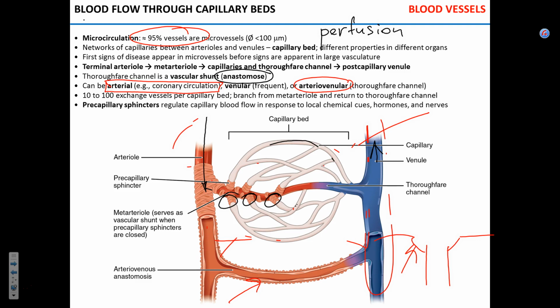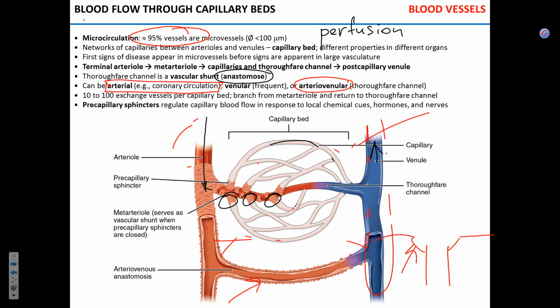Got it? So we take a sneak peek into the regulation of tissue perfusion. For instance, when you're active, your muscles require more energy and nutrients, and your muscle perfusion, blood flow to the muscles, increases dramatically. We good? And that perfusion will be regulated by precapillary sphincters.